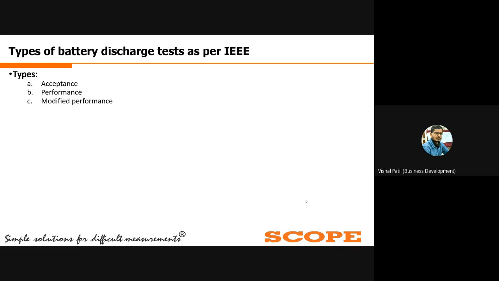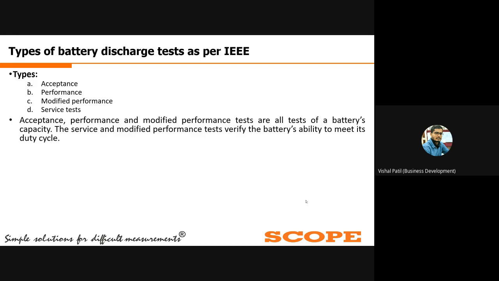Performance and modified performance tests are carried out whenever the battery bank is in service and it is 1 year or 2 years or 3 years old, then you have to do this type of performance or modified performance test. Then service tests are generally carried out whenever you have to check the battery bank's ability to meet its duty cycle.